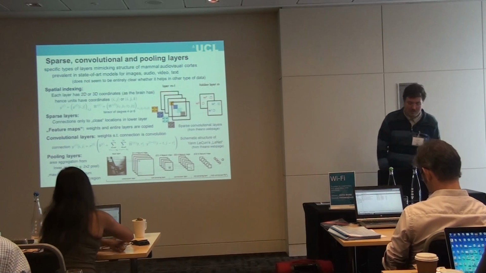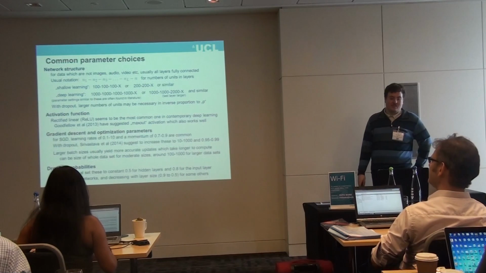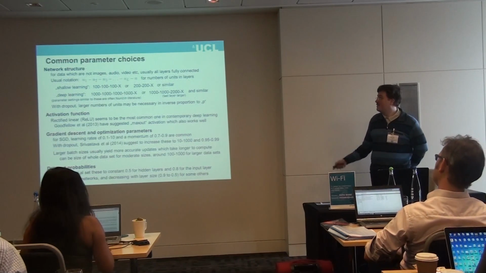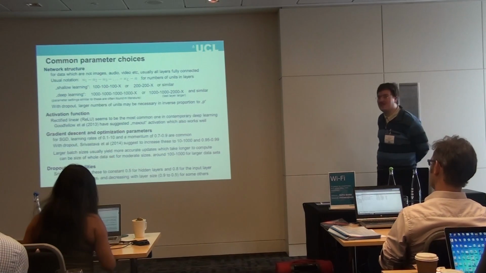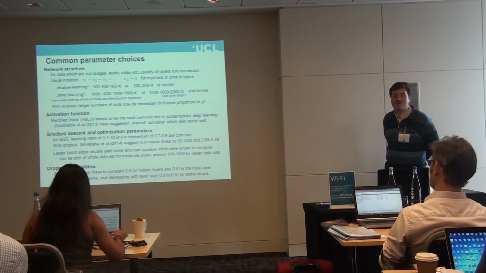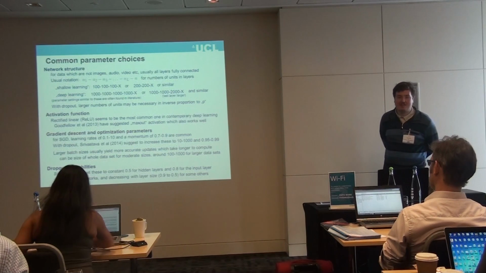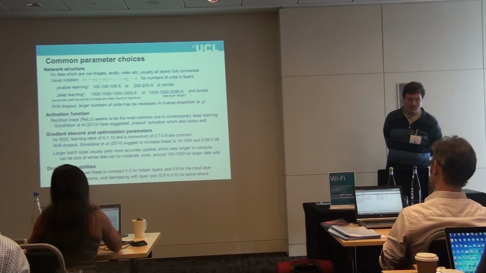Okay. So you will also share the slides. There's just a slide on parameter choices, for which there is no real reason to choose the parameters in these ways, except that people have previously observed them to work well.